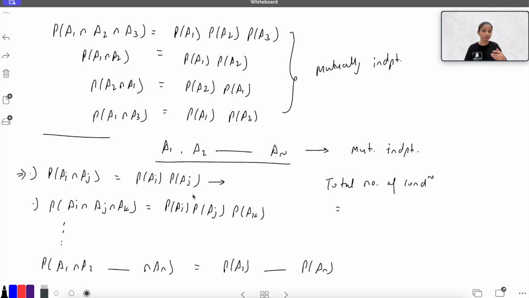So what will be the total cases when I am taking pairs? That will be nC2. From a total of n events we are taking 3 events at a time, that will be nC3. Similarly, going on, we will continue this process till we take n events at a time, so nCn.